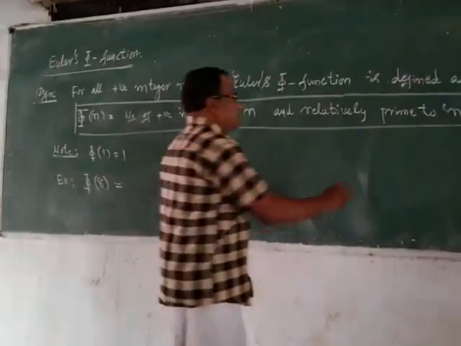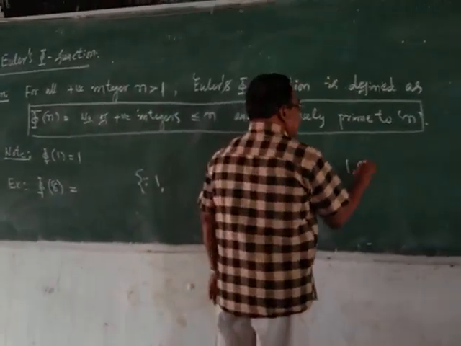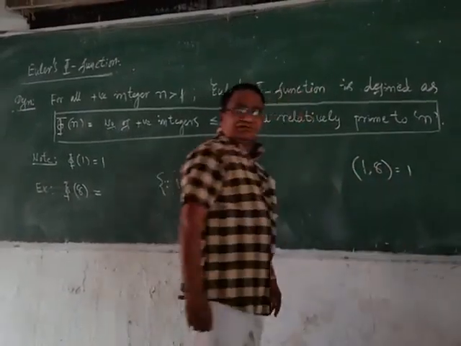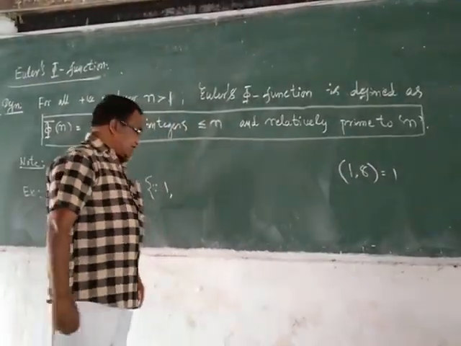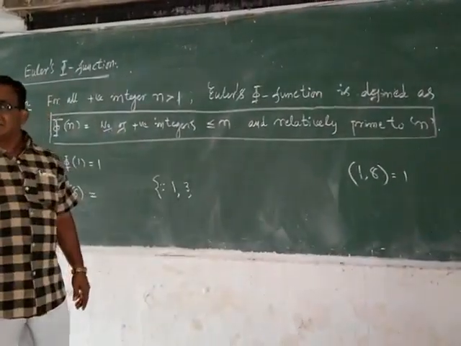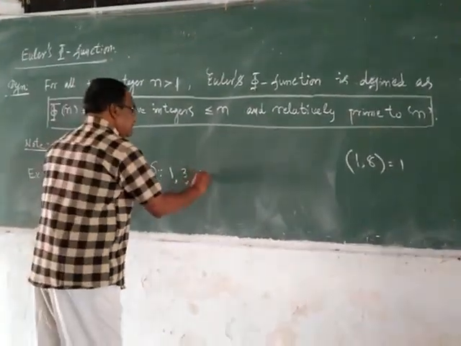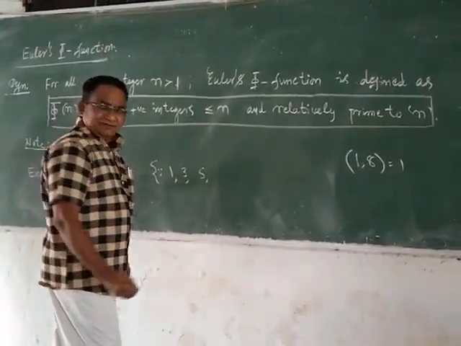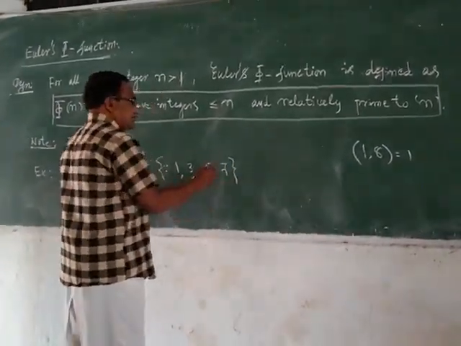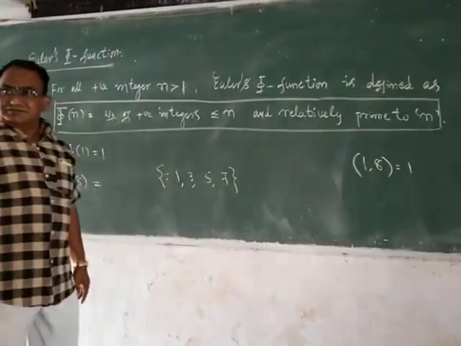The greatest common divisor is always denoted in this fashion. GCD of 1, 8 is equal to 1. Next, GCD of 3, 8 is equal to 1, and 5, 8 is equal to 1, and 7, 8 is equal to 1.